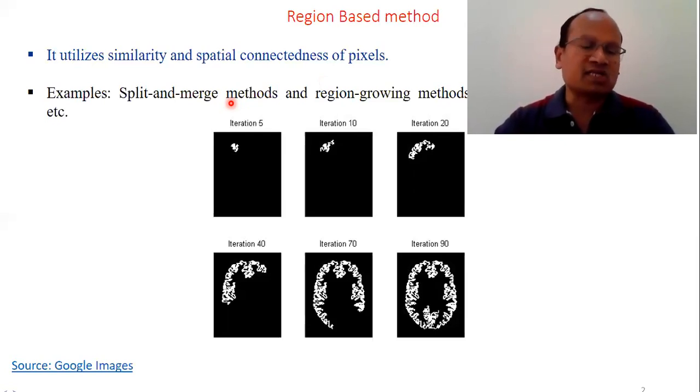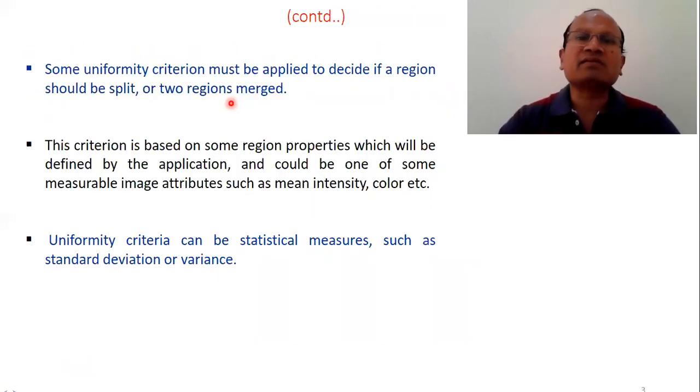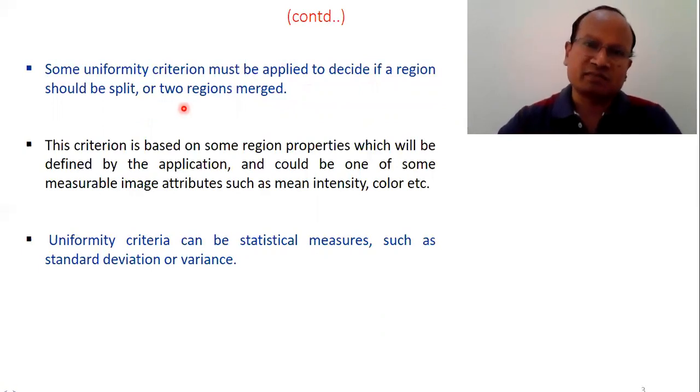So in this lecture, our aim is to understand region based, that too split and merge method. In both the methods, what is very important is that some uniformity criterion must be applied to determine if a region should be split or two regions merged. Very, very important.